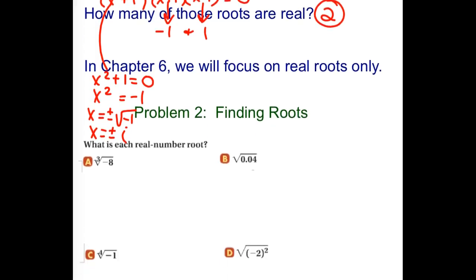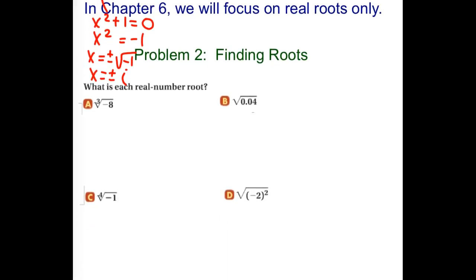I want you to compare these questions to the ones we did on the previous slide. What's the difference? And again, it's one of those picky little details that you got to think about. In the first questions we did, look at the directions.